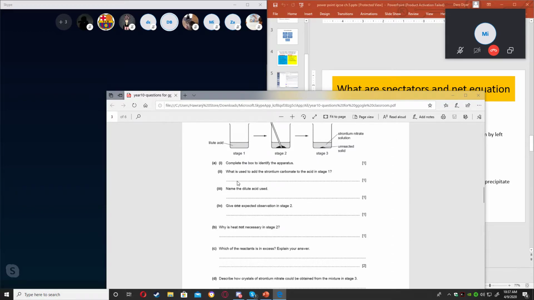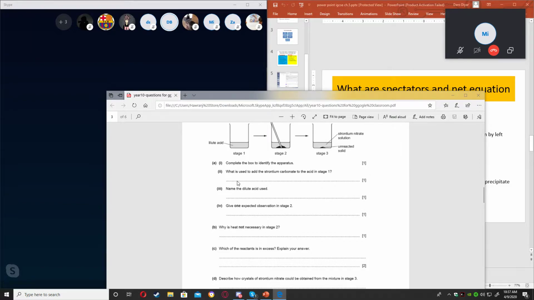Which gas will come out in stage 2, Dasan? What do you have?